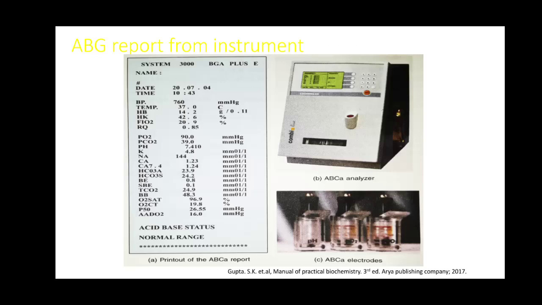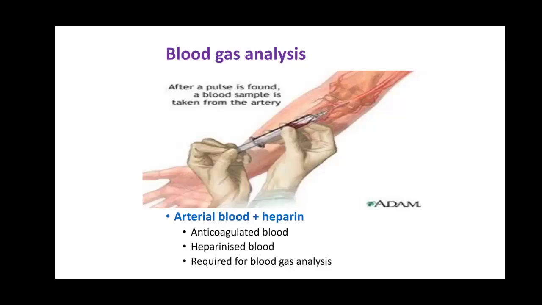So this is the instrument and the ABG report from the instrument, with acid base status and the normal values. So the procedure for blood gas analysis uses arterial blood with heparin, anticoagulated blood, heparinized blood, required for the further blood gas analysis.